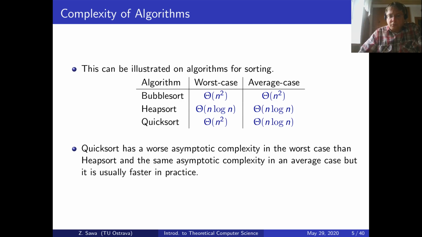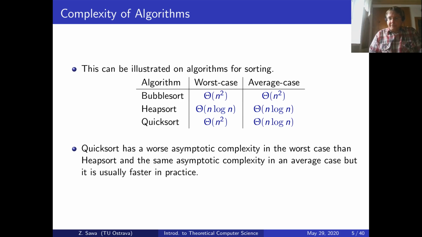One type of algorithms are those very simple algorithms like bubble sort, insertion sort, and so on, whose complexity in the worst case is in theta n square, and in the average case is also in theta n square. These simple algorithms are typically very efficient only on small inputs.